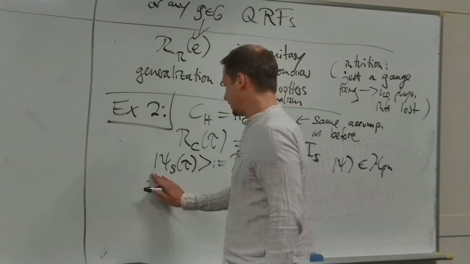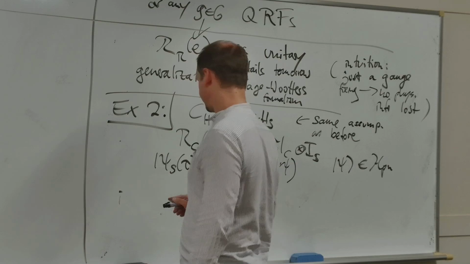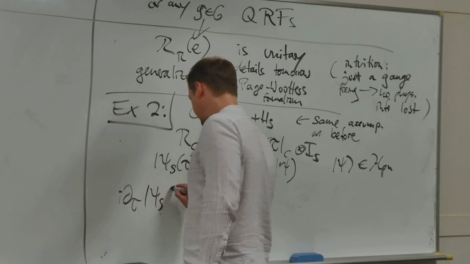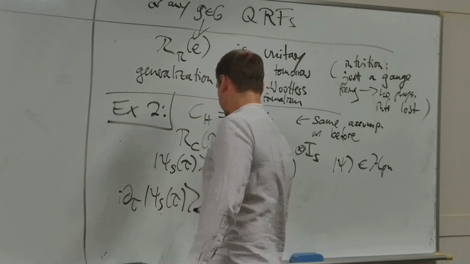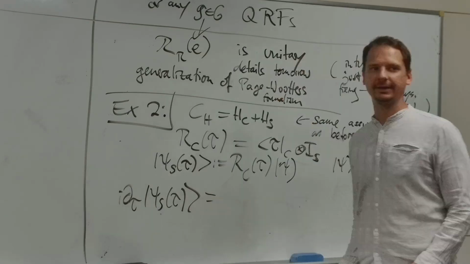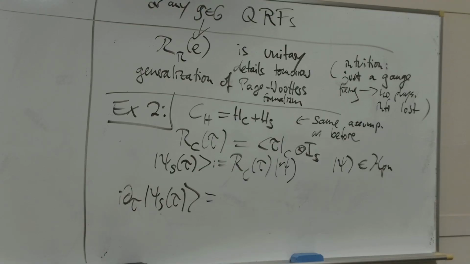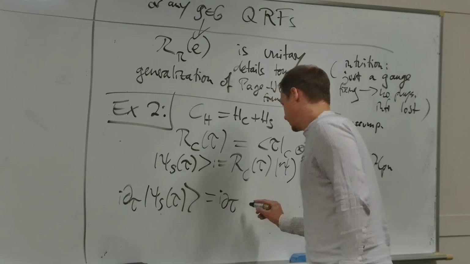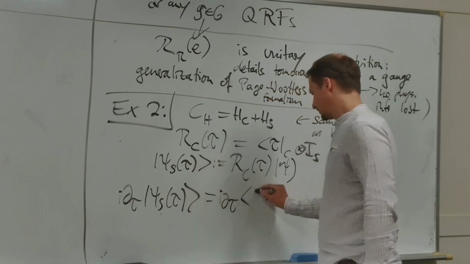And now let's have a look. So we can look at i d/d tau of psi_S(tau). What I'm going to show is that it obeys the Schrödinger equation. So I have i d/d tau, and then I can introduce tau prime.